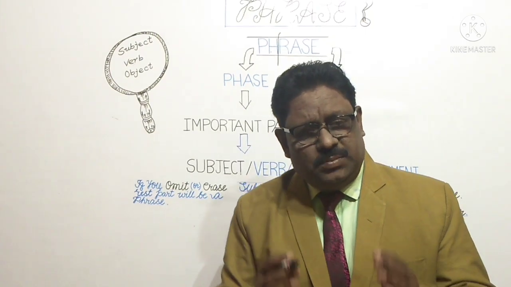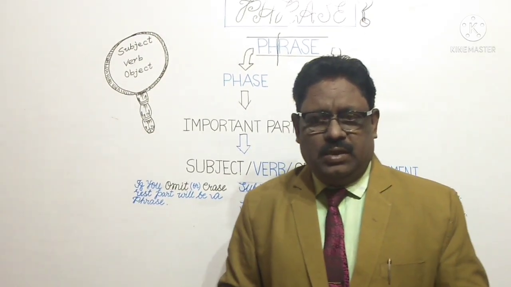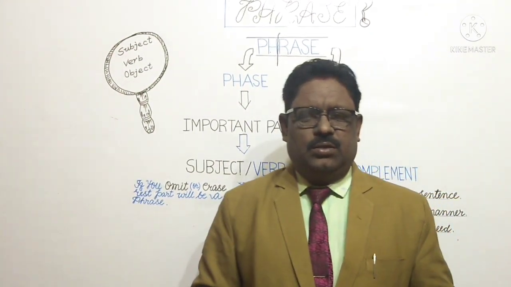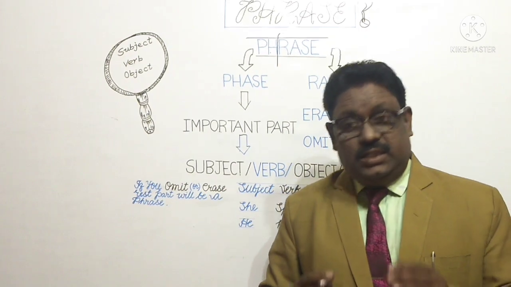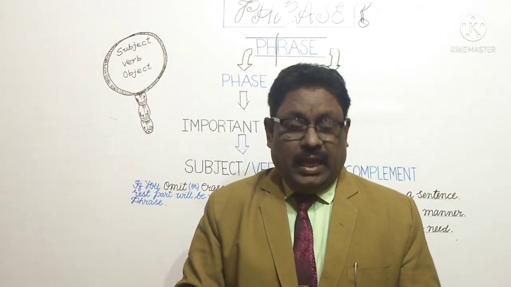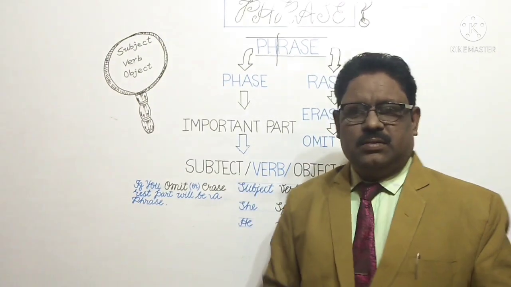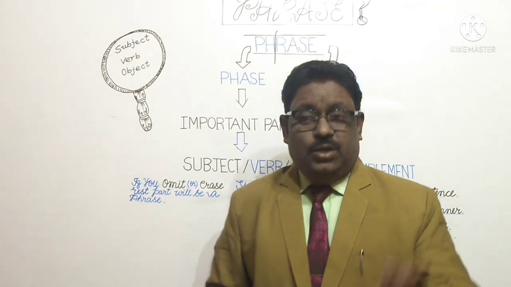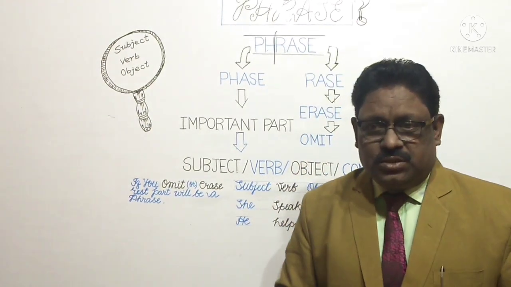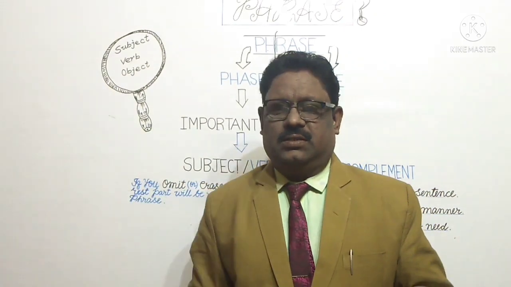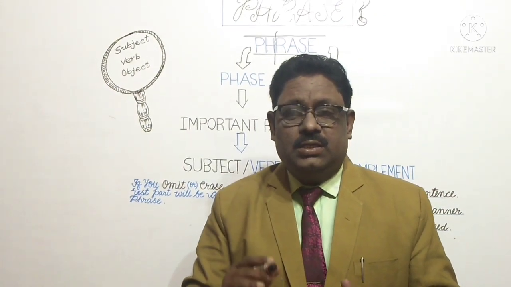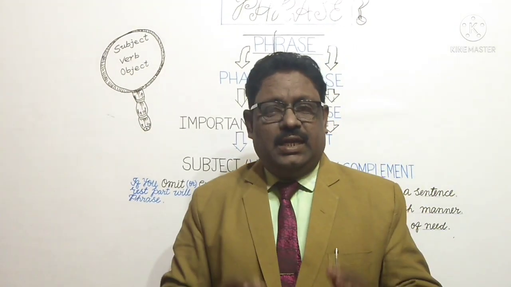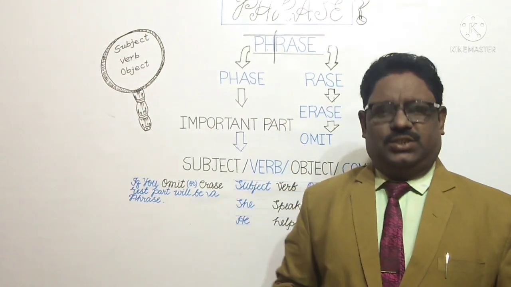So, this subject, verb, and object are the important part of a sentence, and this important part has to be seen through the magnifying glass, and not only to see but also to be erased from the sentence. Then the rest part left in the sentence is a phrase.